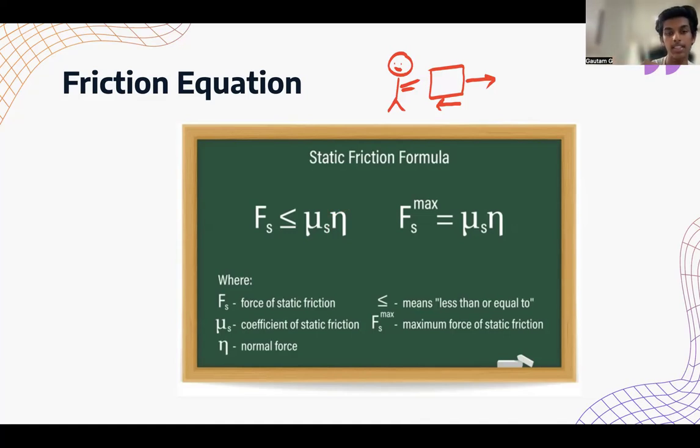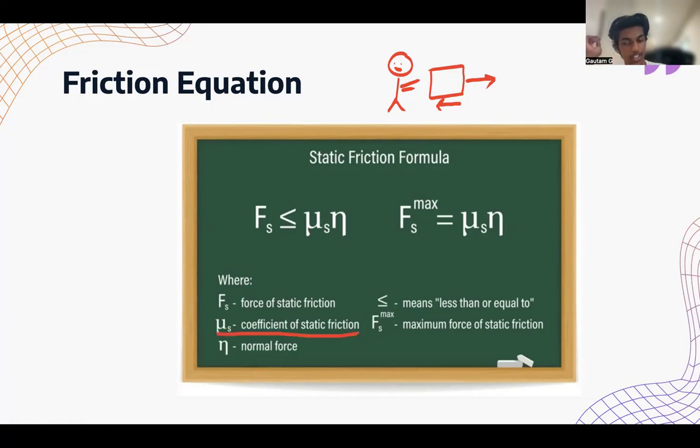The coefficient of static friction is basically dependent on the object, right? I'll explain it in English though. Let's break down what the coefficient of static friction is first.